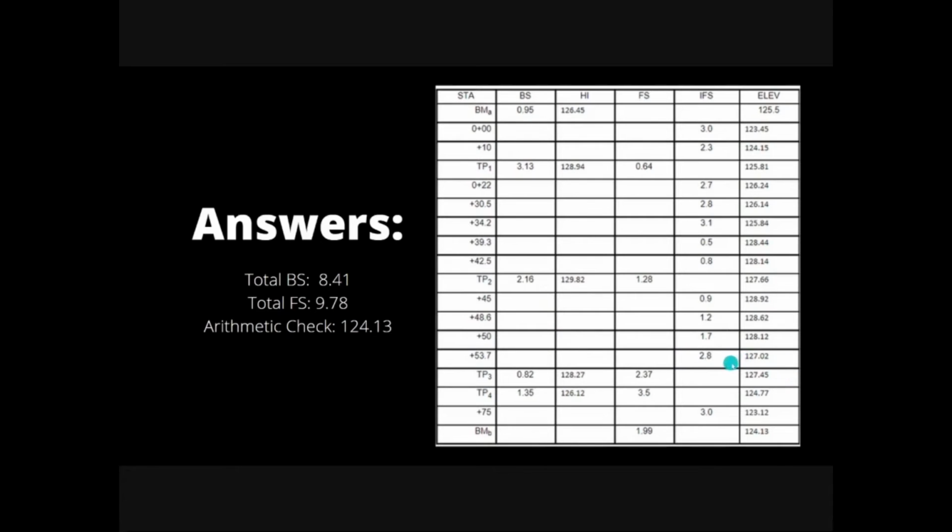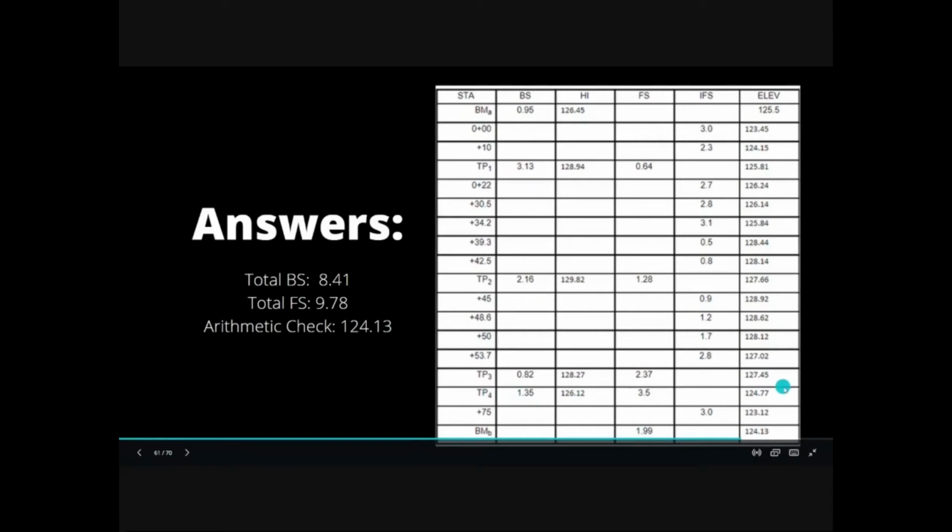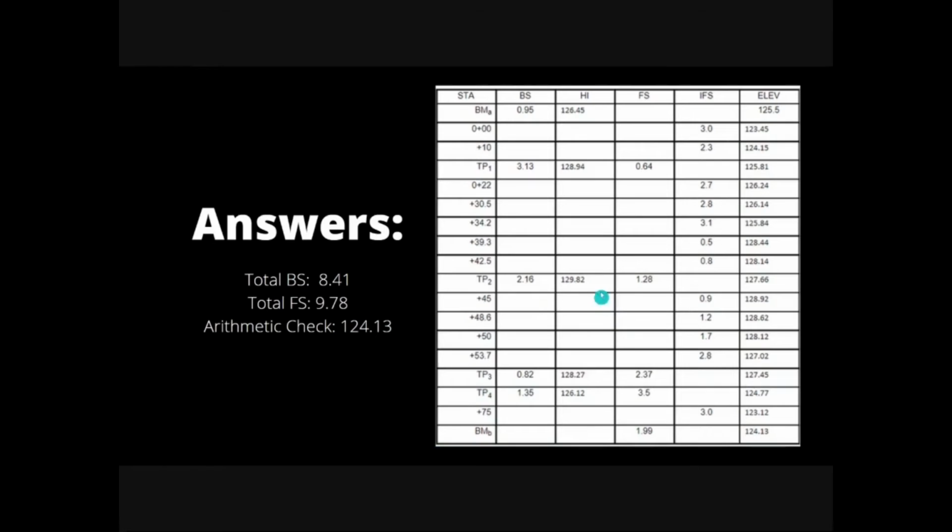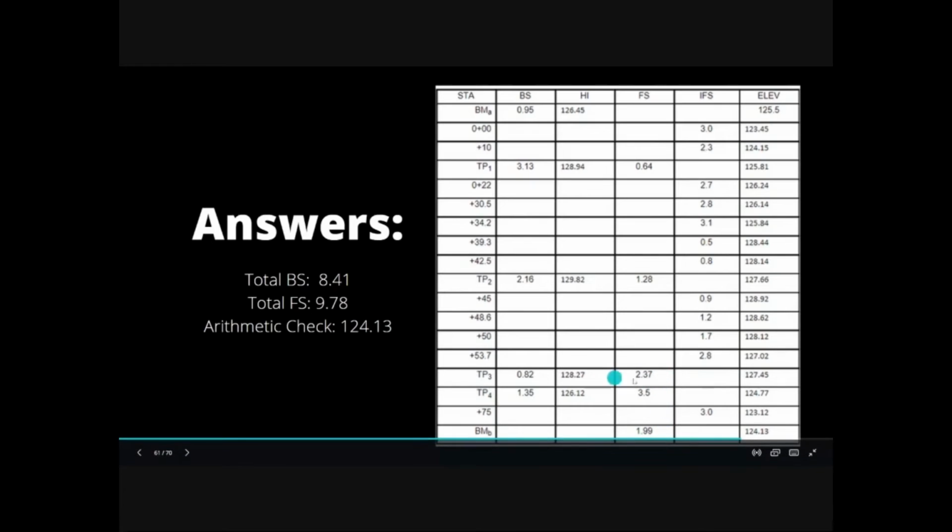And then we took another turning point, since we're not able to determine the foresight value here. So in order to get the elevation value for turning point 3, we use this value, 129.82, and subtract it by 2.37.